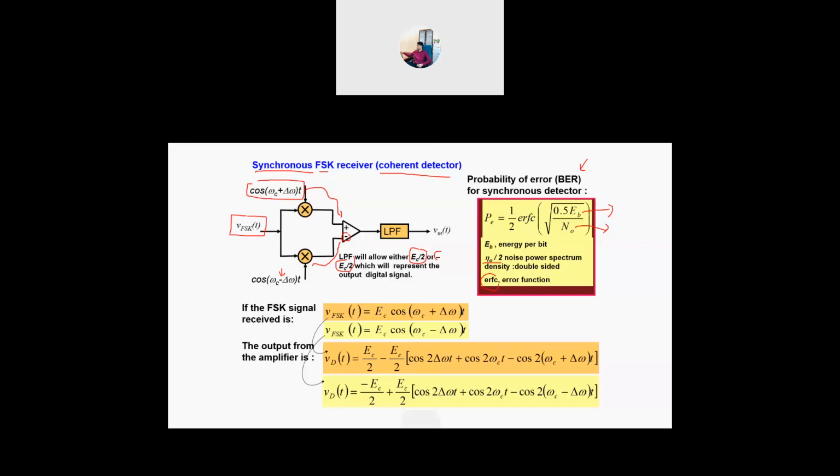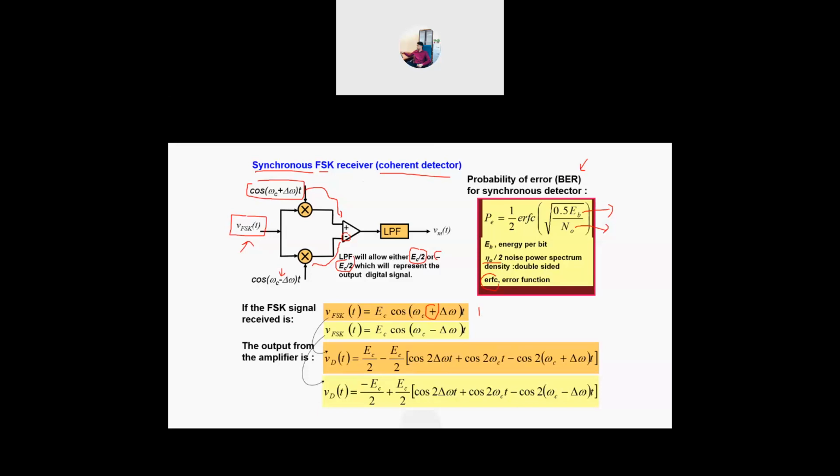Okay, so let's say our received signal here is VFSK, Ec cos(omega C plus). You see here plus. This means it can be designed as our bit 1, depending on the question. Frequency shifting is just like an analogy to frequency modulation, but here we're going to have two different frequencies.